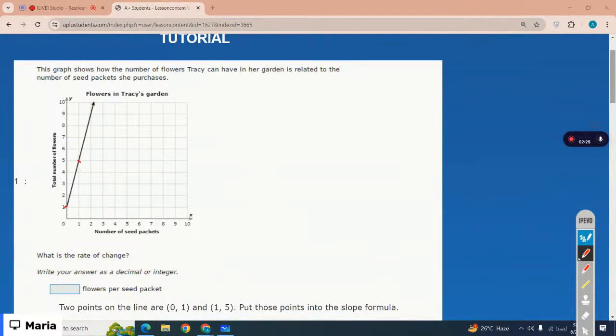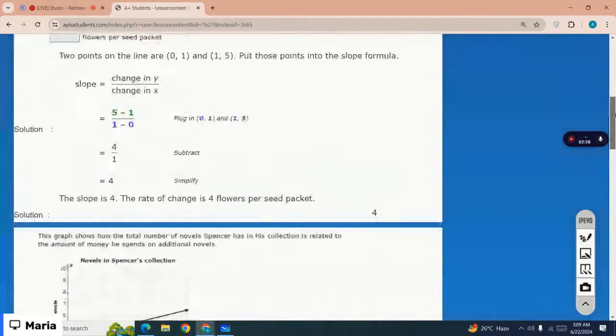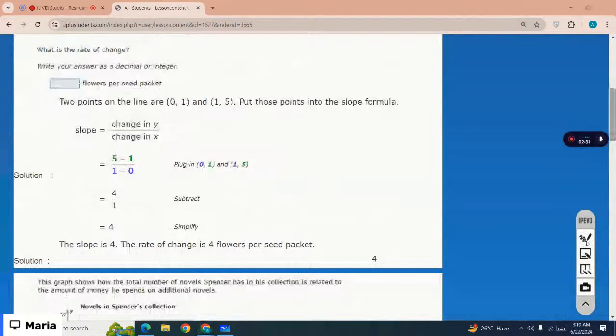Basically, the rate of change is the same as slope, right? You can see that it is the change in y divided by the change in x. So rate of change and slope are the same thing. You have to calculate the rate of change or slope. You have to do y2 minus y1 divided by x2 minus x1. 5 minus 1 is 4.